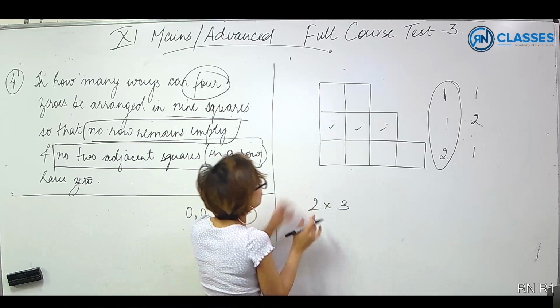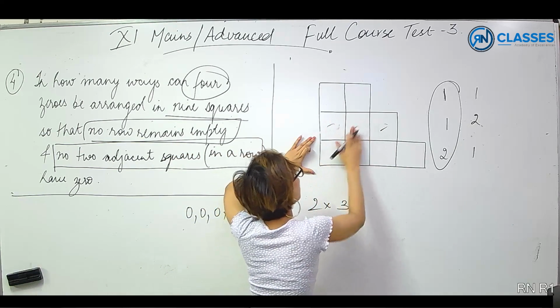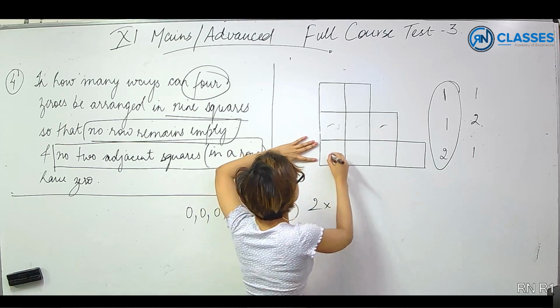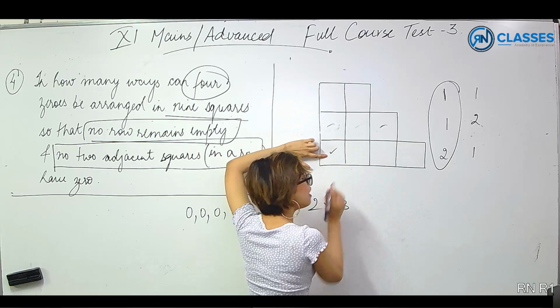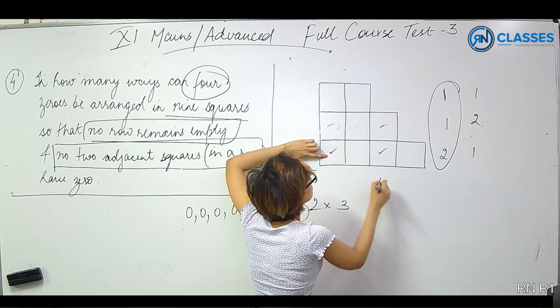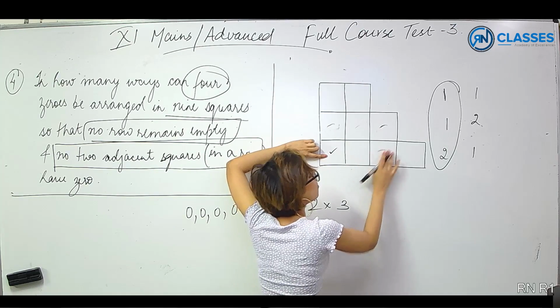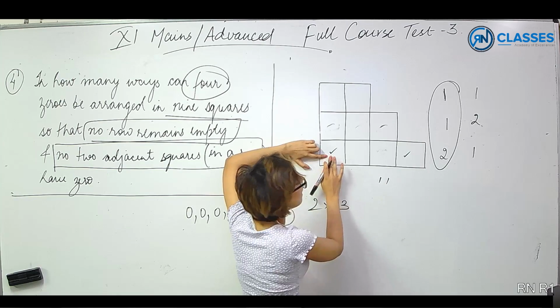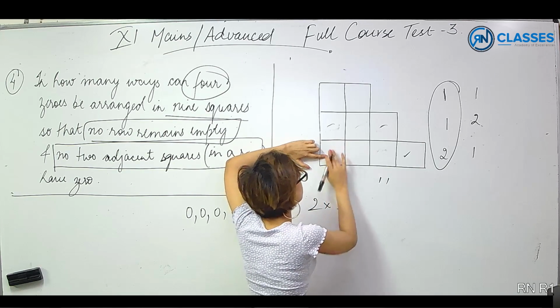Cool. Let's come to this one. Now I have to accumulate 2 zeros over here. In how many ways can I do that? Let's start with this one. 1 here, then I cannot put it here, the other 0 has to be here. One way. The second way is instead of putting over here, I can put my 0 over here. Another way. Now the third way. This thing I've exhausted, so let me just move the zeros from here.